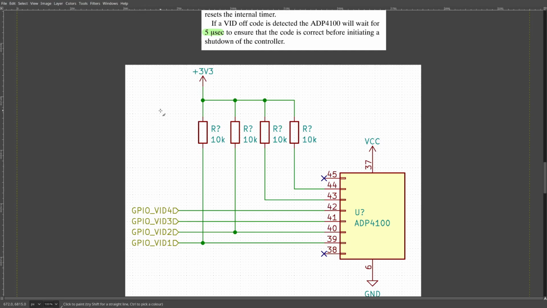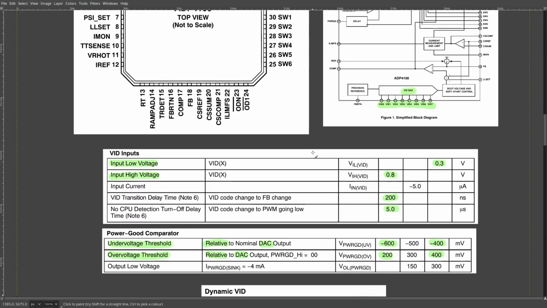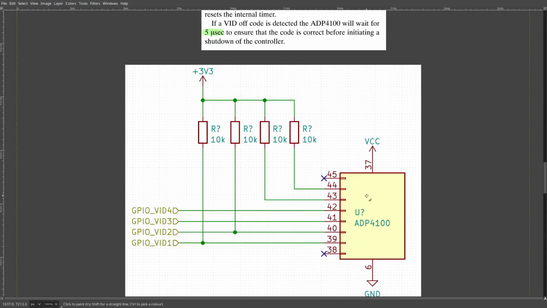These are pull-up resistors because they take the voltage and help pull it up to this higher voltage. Each pin on the ADP4100, as mentioned somewhere up above, has a pull-down, which is an internal resistor that connects each of these pins to ground. That means that if you left it floating with no connection, it will be held down to 0 volts because there's a high impedance resistor to ground.